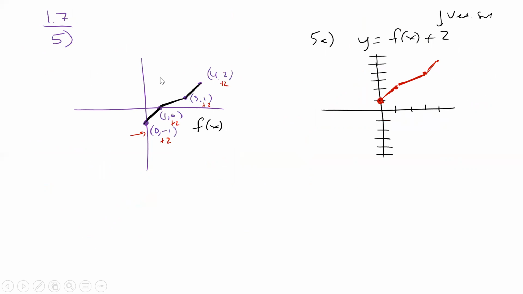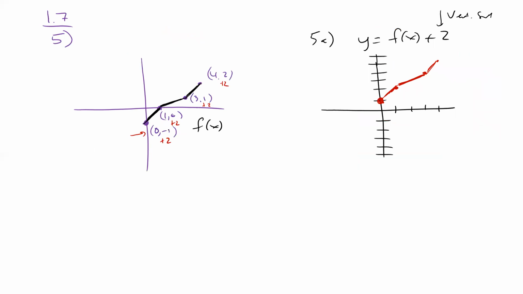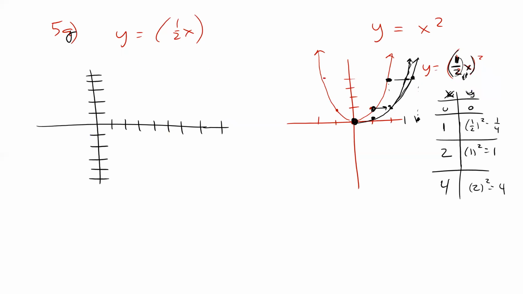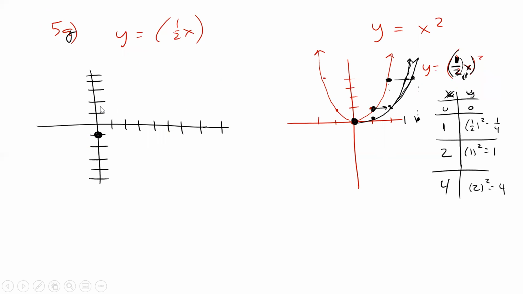So on this one, Annette, let me go back to the previous one. If you're here, 0, -1, it's going to stay because it's not moving away from the y-axis. That number is still the same. So this is still 0, -1. Then 1, 0. So if everything is taking twice as slow to get there, 1, 0 gets translated to 2, 0.